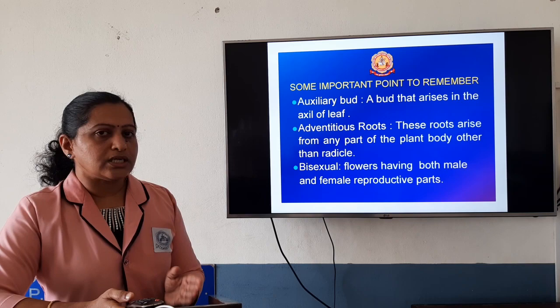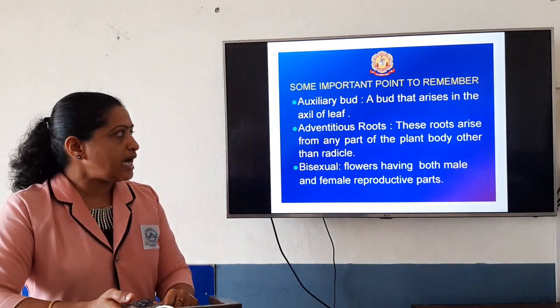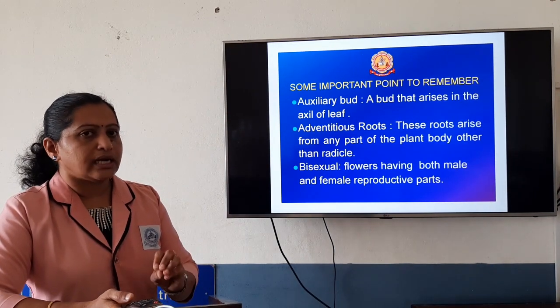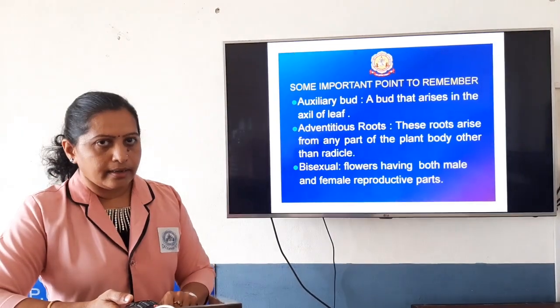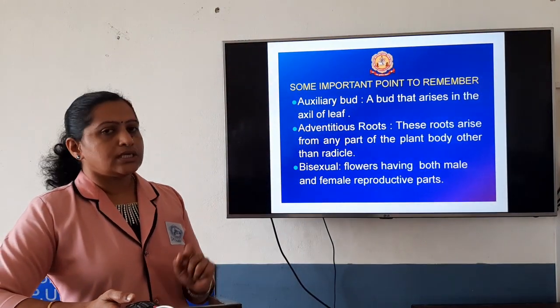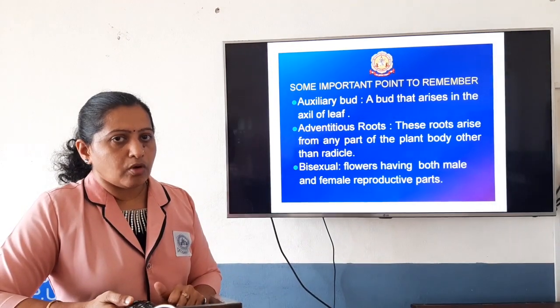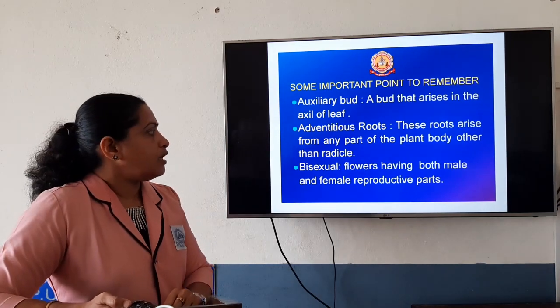But a few plants have one more type of root, known as adventitious root. These adventitious roots are those roots that arise from any part of the plant body other than the radicle. Such roots are seen in the banyan tree. In the banyan tree, roots arise from the stem or the branch. So that is an adventitious root.